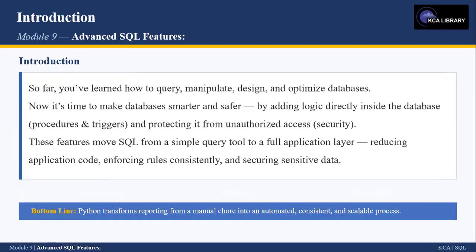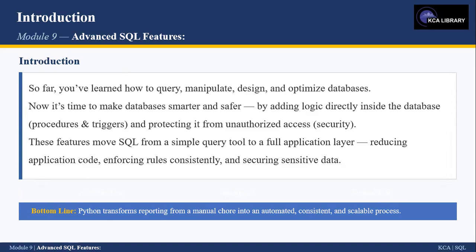You have already learned how to query, manipulate, design, and optimize databases. Now we move to the next level, making databases smarter by adding logic directly inside them using stored procedures and triggers, and making them safer through proper security.